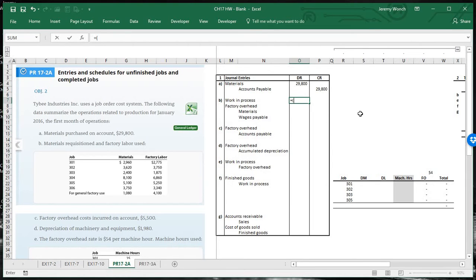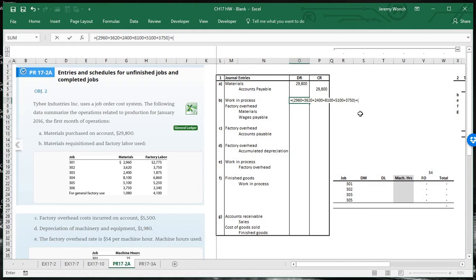So let's add up all of the materials first. We have 2960, 3620, 2400, 8100, 5100, and 3750. That's all the direct materials.